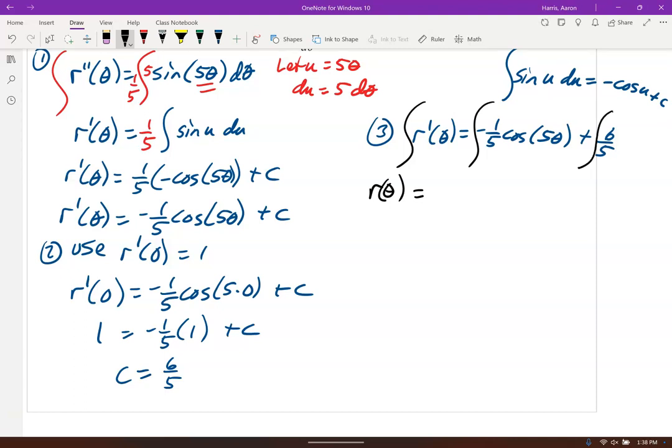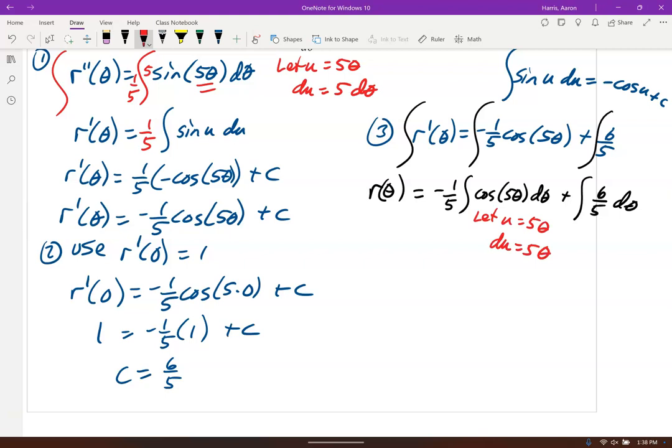I'm going to do this separately. I'm going to have negative 1/5, and I'm going to let u be that 5 theta. So I need 5 d theta, which means I've got to offset it with a 1/5.